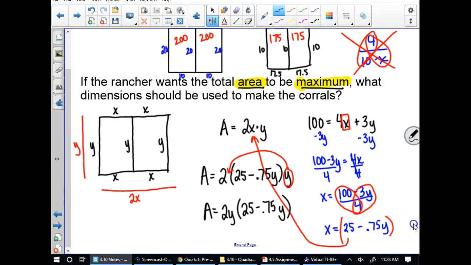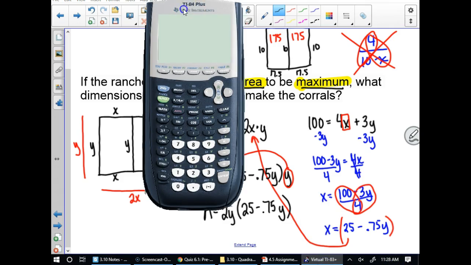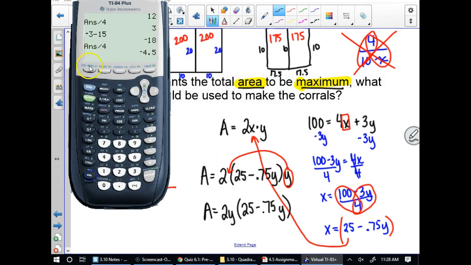Now, I can distribute if I want to here, but you don't have to if you're using the calculator. So everybody grab your calculator. Y equals, clear out anything that's already there. Make sure any of your plots have been turned off. Right up here on Y equals, you can actually see your plots and see if they're on.